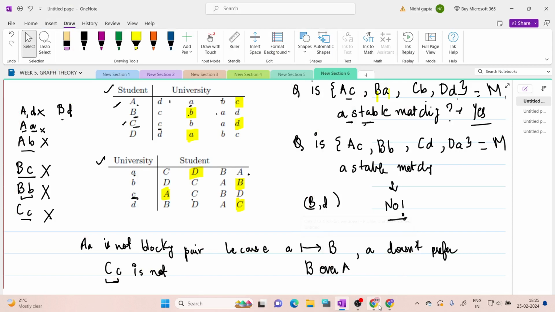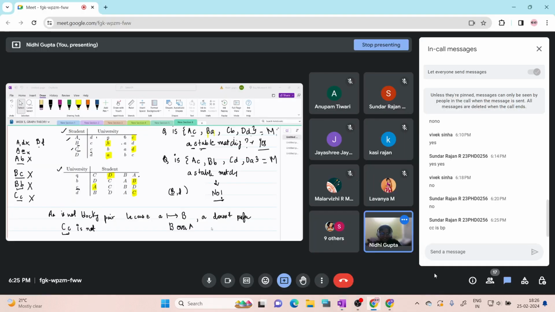CC won't work. So you have to give something else. CC is not a blocking pair. It's okay, but you can try. This has a blocking pair. Try finding a blocking pair.